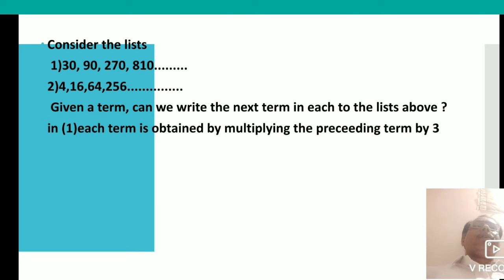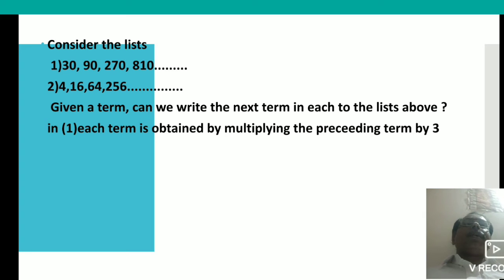To get 810, we multiply 3 to the 270. Can you guess the next term, that is the fifth one? Simply multiply 3 with 810 and we get 2430. Like that we can find the next terms in this pattern.